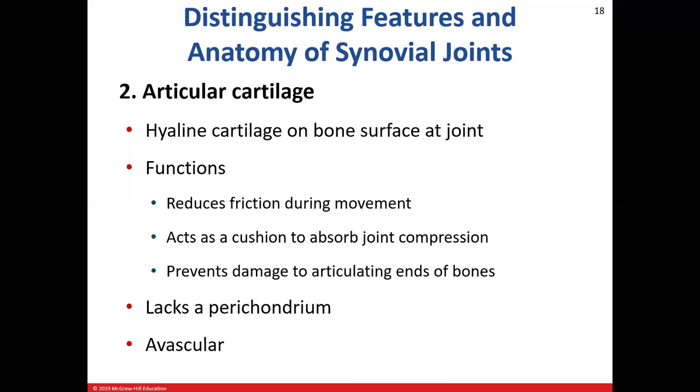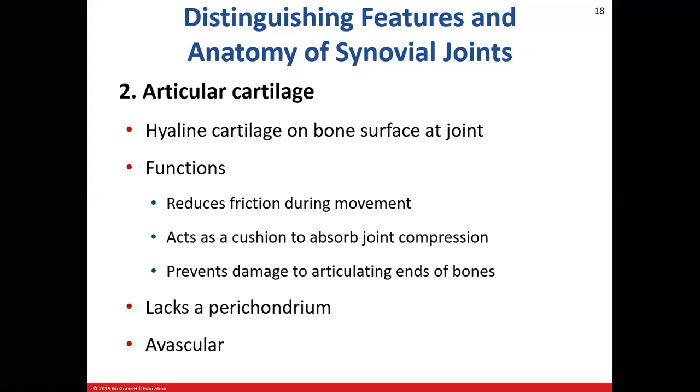Our second characteristic or feature is the articular cartilage. Now again, we did say articular cartilage is a remnant of the hyaline cartilage that we find on the bone surfaces at that particular joint. The functions include reducing friction during movement, so we want to have nice smooth movement. It does help to act as a cushion as it starts to absorb joint compression.